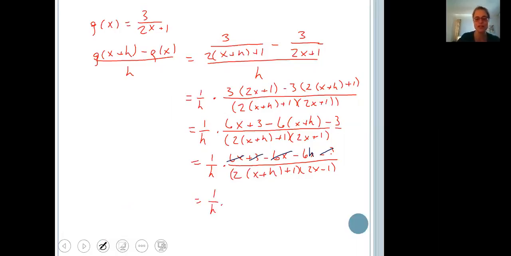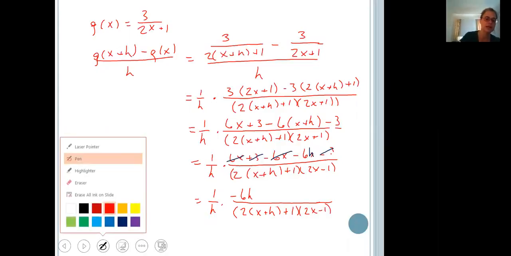1 over h times negative 6h over 2 times x plus h plus 1 times 2x plus 1. Okay, and look at what's going to happen.